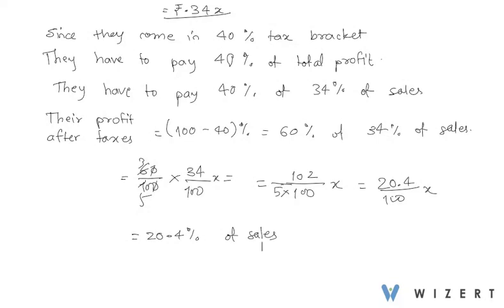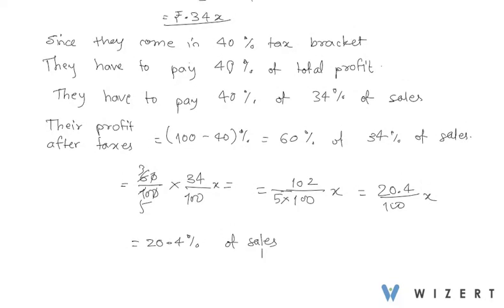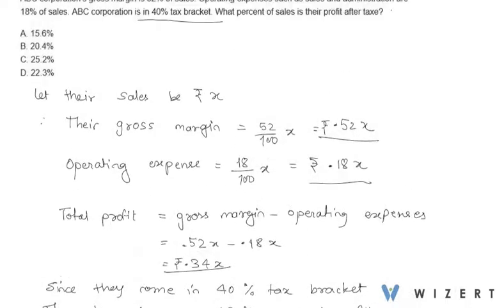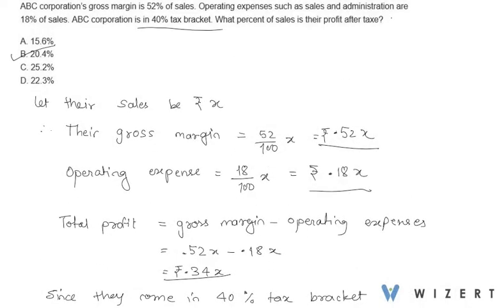So their profit after taxes is 20.4%. Answer is option B, 20.4%.